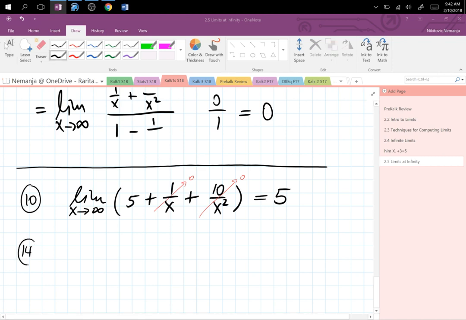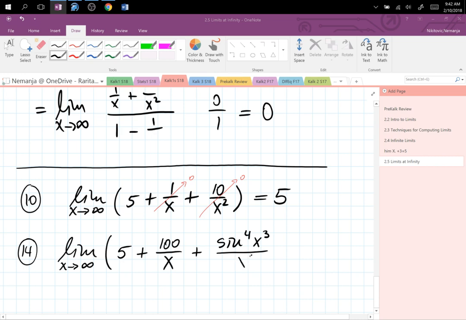And then there is this nice spin on the problem, just to see if you are paying attention and you know what's happening. So the problem looks like this, plus, and then they have this really cute term: sine to the 4th of x cubed, divided by x squared. Yeah, there are math majors that know pre-calc too.